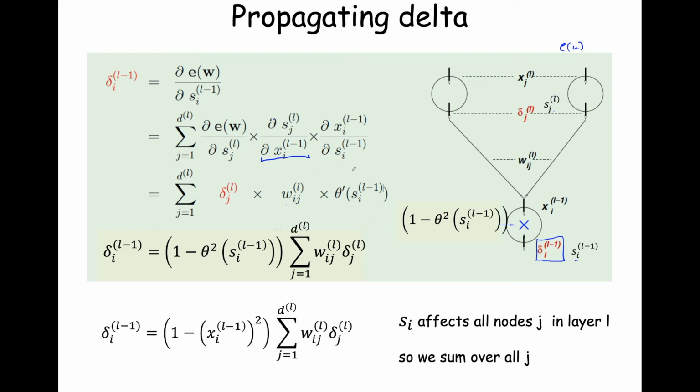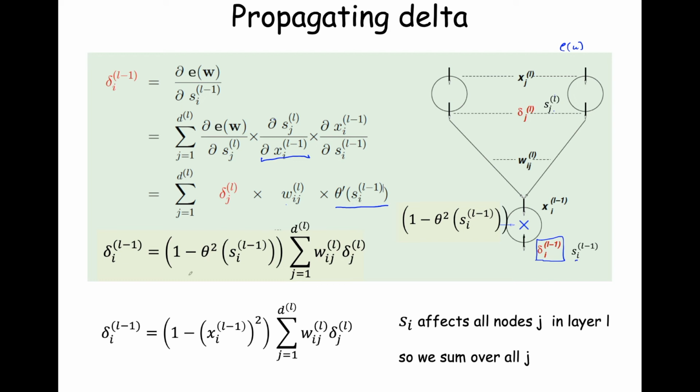All right, so now if we take a look at this tangent, this nonlinearity, the derivative, well, we said before, the derivative of this hyperbolic tangent is 1 minus hyperbolic tangent squared of its parameter. And its parameter is the score at node xi in layer L minus 1.